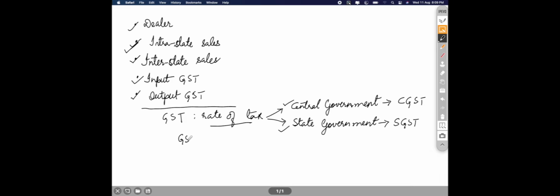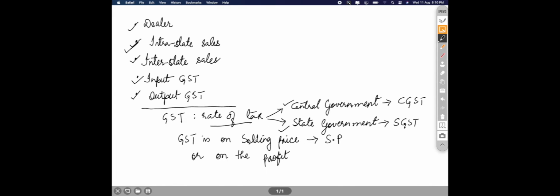GST is either calculated on the selling price, in short SP, or on the profit.